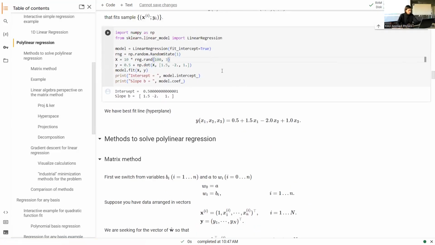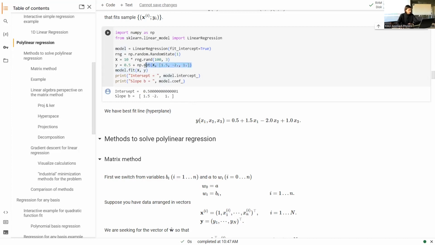Okay, so what do I have here? Here is an example of when we are doing some Python. I'm trying to fit some features and get results out of there. Once again, I get my intercept and I get slope B, but this time we have more numbers because I'm working in a multi-dimensional space.